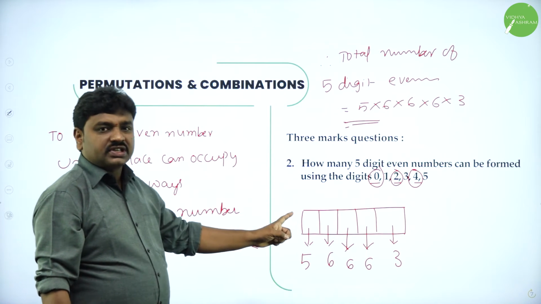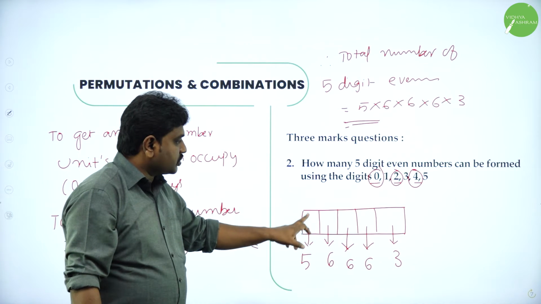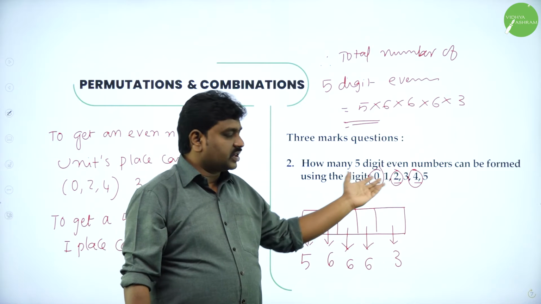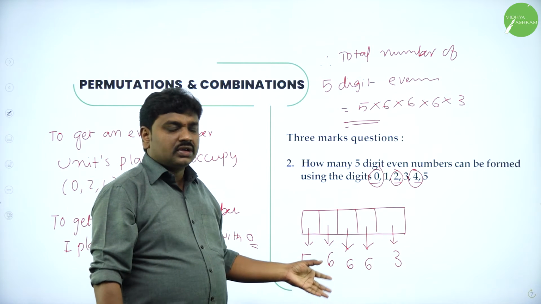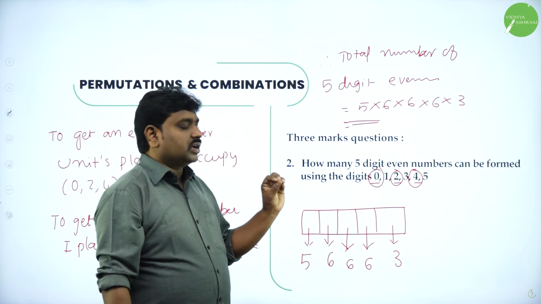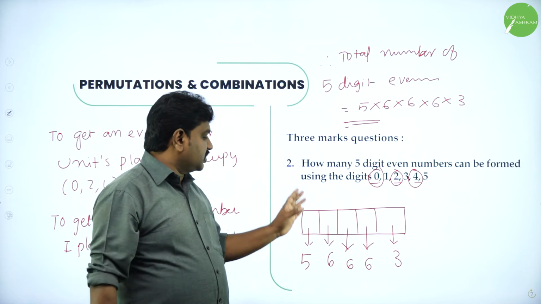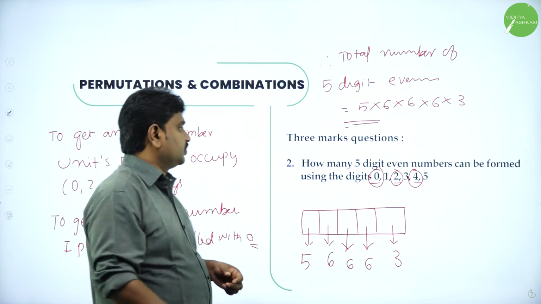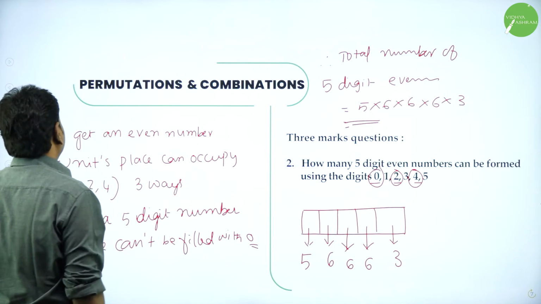But what is the restriction here? The first place has to be filled only in 5 ways. You cannot fill 0. Second place, no restriction. There are 6 numbers, any 6 you can fill, because they have not given that numbers cannot be repeated. If they tell without repeating the numbers, then I have to decrease 5, 4, 3 like that. I hope all of you understood this. Multiply that, you will get the final answer.